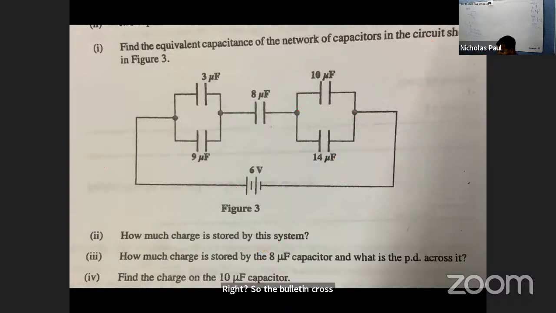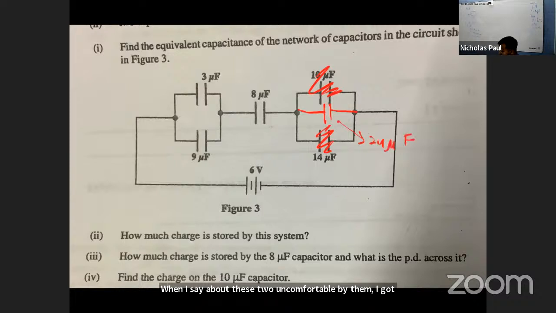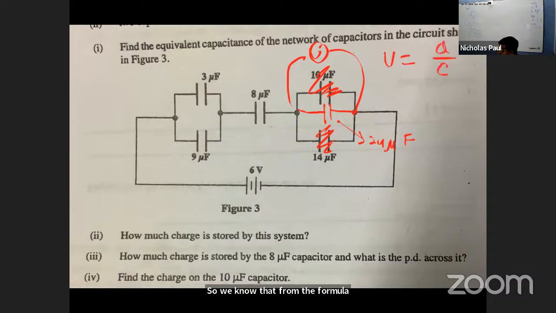Across these two capacitors, when I take off these two and combine them, I got a total of 24 microfarads. I am trying to find the voltage across here. From the formula, voltage is equal to charge over capacitance. The charge in the circuit is 24 microcoulombs.